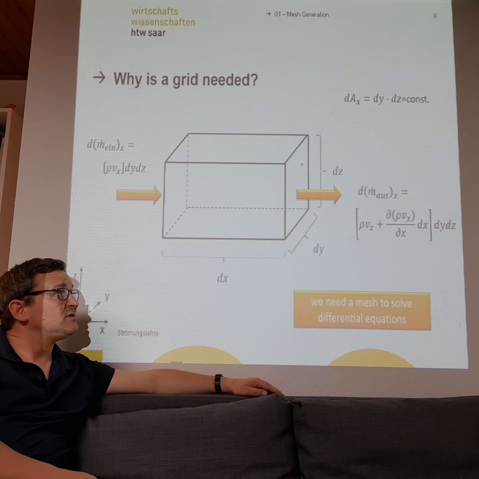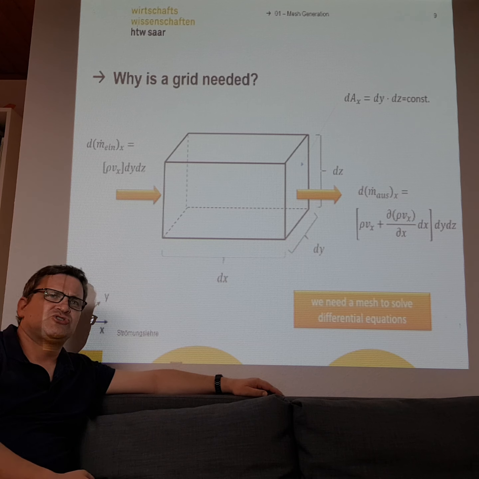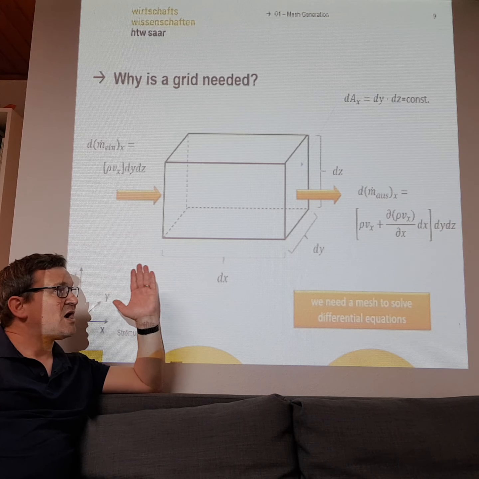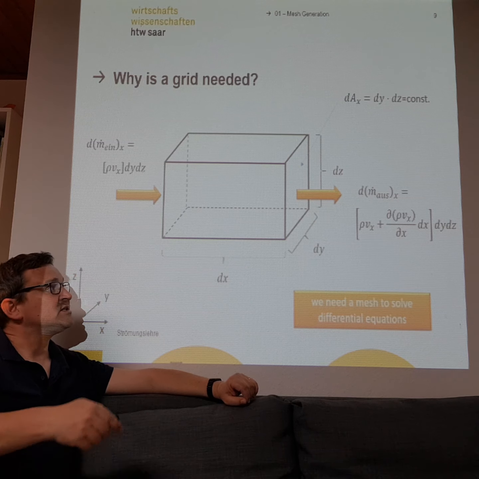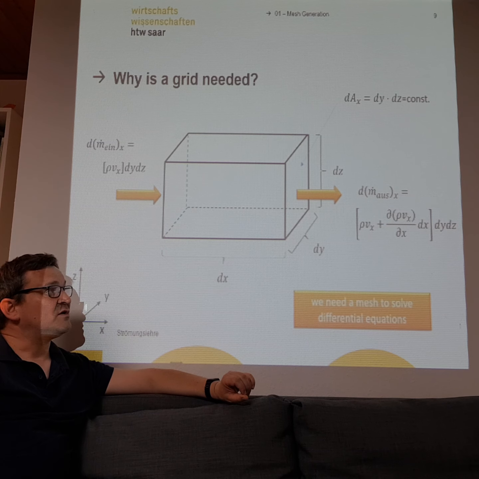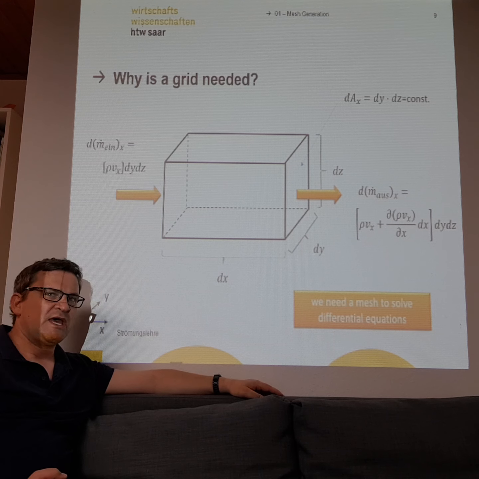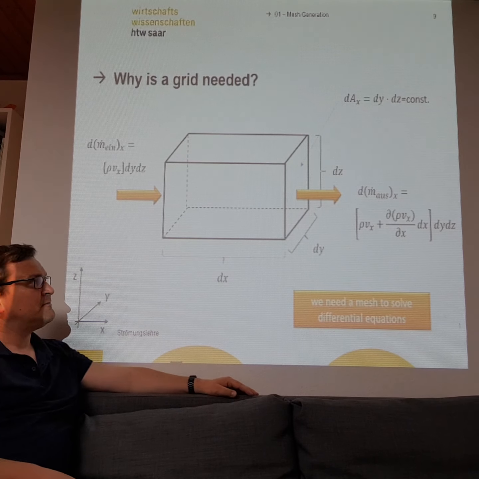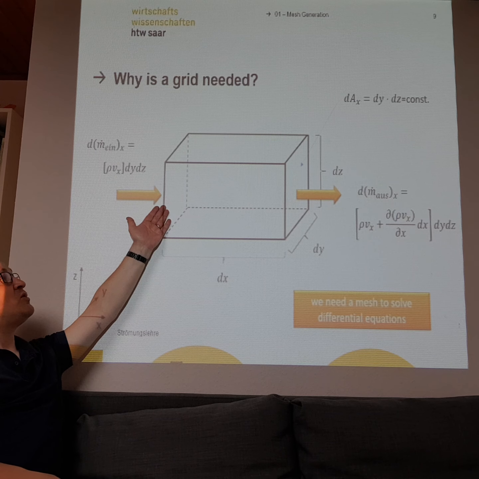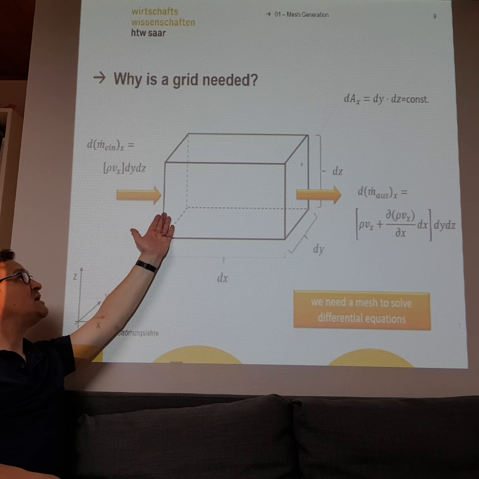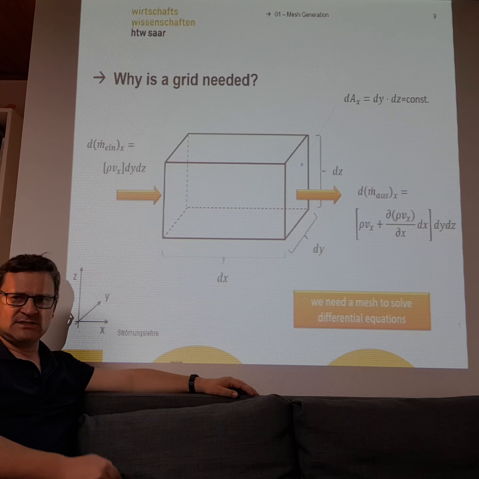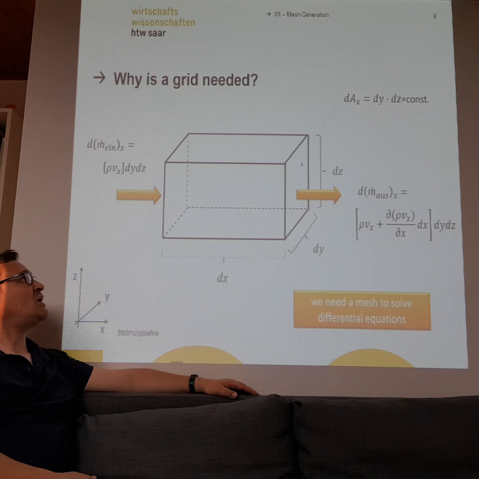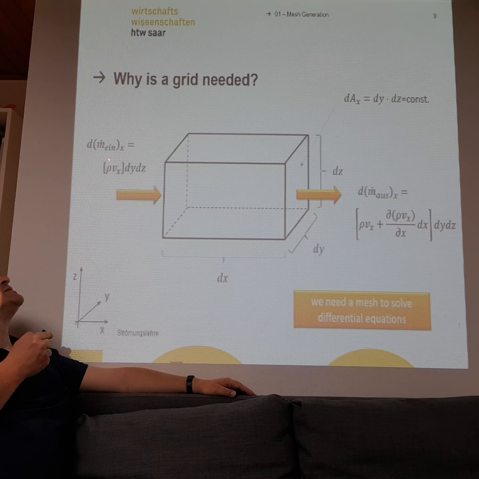And the most important question is how much mass will be sent in on one side and how much mass will come out here at the exit of this block. That's most important. And it should always be conservative. What does conservative mean? If you have here a mass flow of 5 kilograms of water from this side, it should be the same at the exit. We will never lose mass.